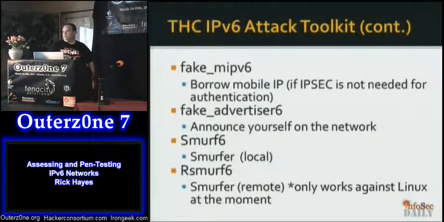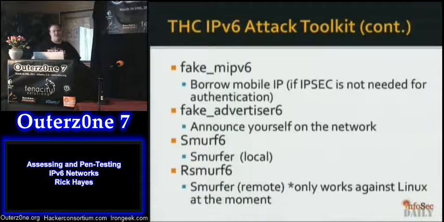It's kind of cool, I guess, thinking nefariously, if you don't want to use your own V6 address. I want to use someone else's, so I'm going to borrow theirs while I do this mobile attacking type of fake advertiser. I can announce myself on the network. I can say that I'm on another network or this one.